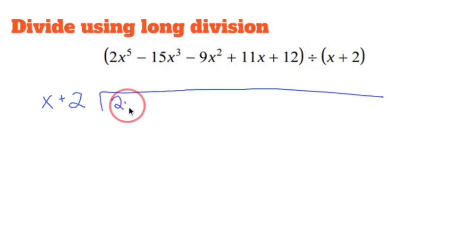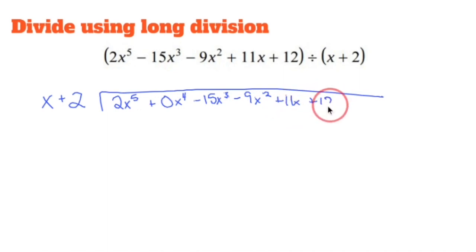So as I write this in, anything that's in between that's missing is filled in with a 0. So in this case, 0x to the fourth, minus 15x to the third, minus 9x squared, plus 11x, plus 12. This is going to be a good one.